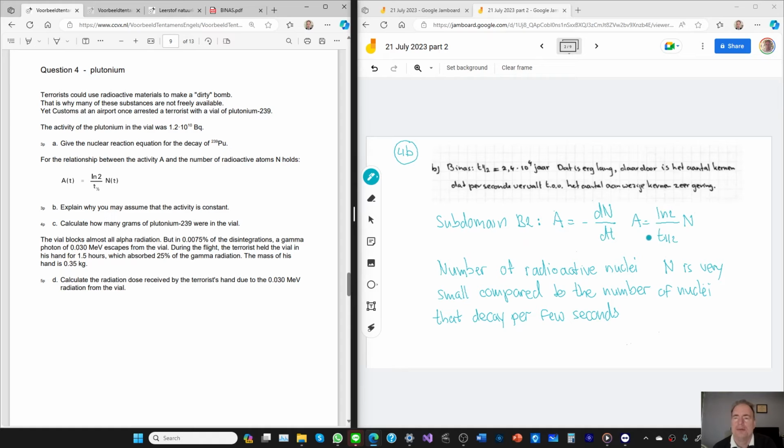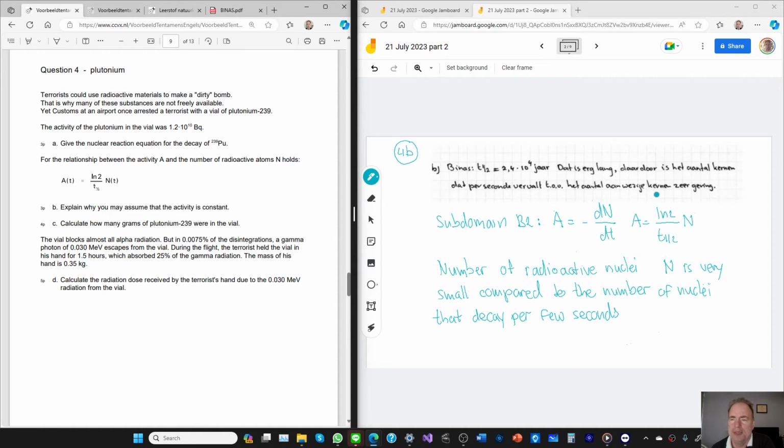Okay, so what you see here is there's a constant in between. Now, the question is, explain why you may assume that the activity is constant. Well, this number here is log 2 divided by so many years.